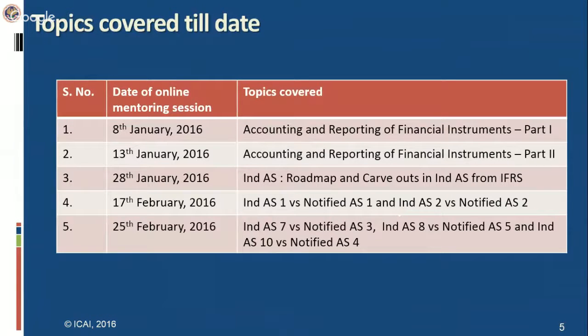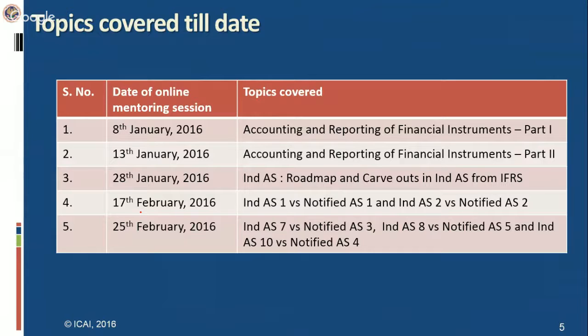Before starting with today's Indian accounting standards and their differences vis-a-vis existing notified standards, let us first have a look at the new topics which have been included for the May 16 examination, and we have covered mentoring sessions for those new topics. In January, we took 2 mentoring sessions on accounting and reporting of financial instruments.